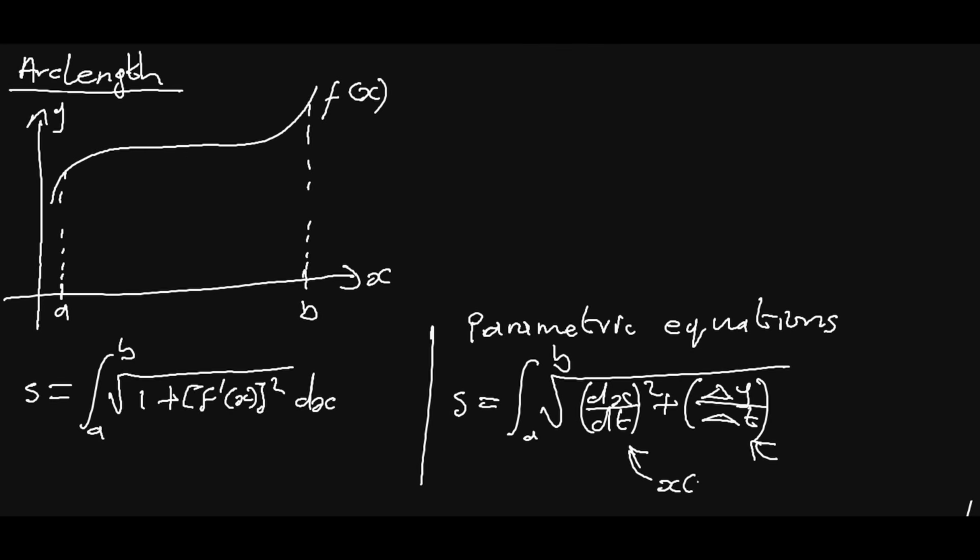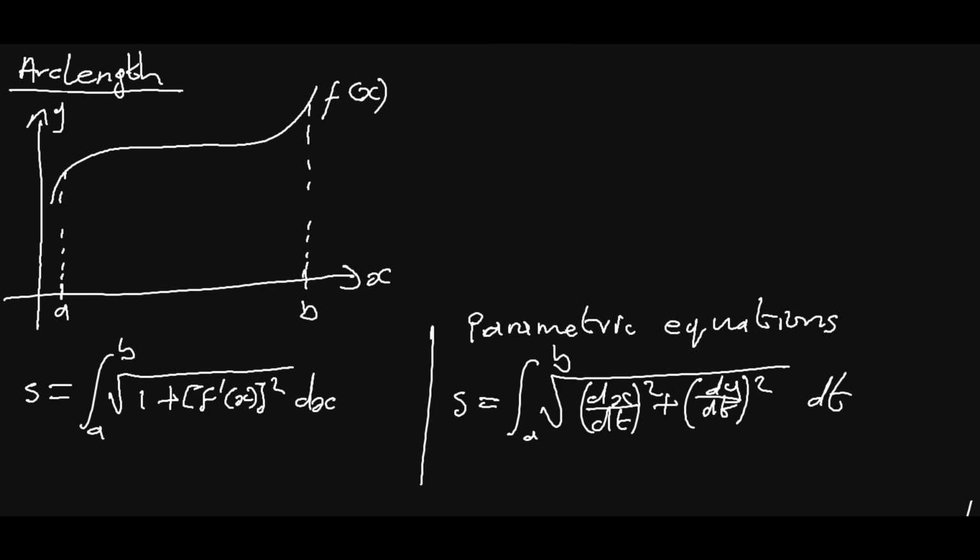So maybe say this is x of t, and this also is y of t. Then their derivatives will come and sit into this square root here, of course raised to power 2, as we are doing here. So under the integration sign, this will be dy over dt all power 2, integrating with respect to the independent variable, which is t for this case.